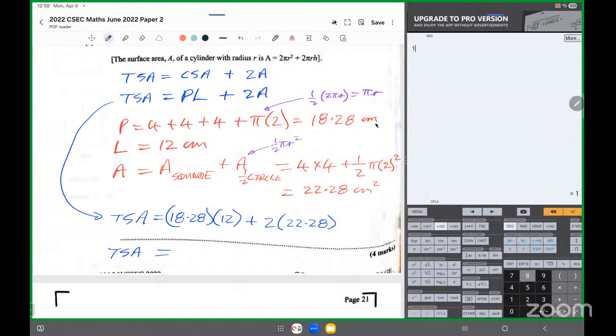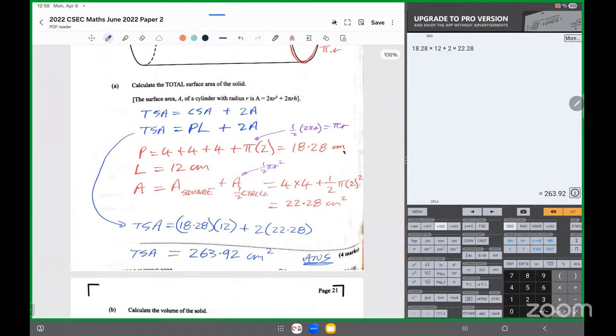So it's 18.28 times 12 plus 2 times 22.28. That's 263.92 centimeters squared, the answer right there.